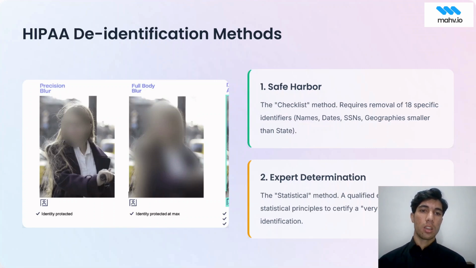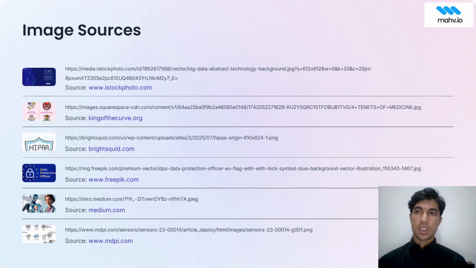So the 18 specific identifiers defined by HIPAA are not removed entirely, but the statistician applies statistical principles to make sure that there is a very small risk of re-identification, thus maximizing utility as well as privacy. So that was it.